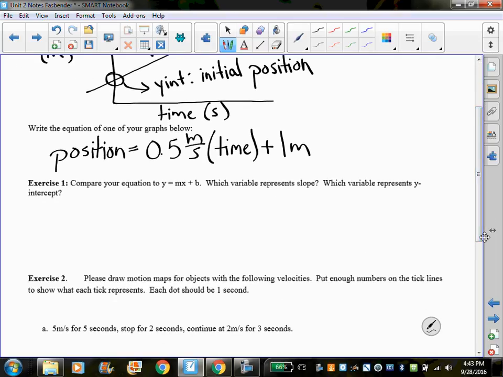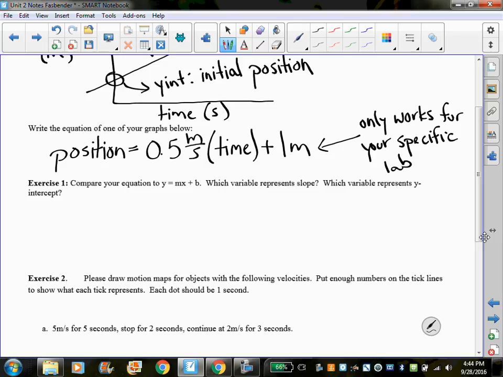Now this equation draws the straight line from this graph here. But the problem is that this thing only works for your specific lab. Right?